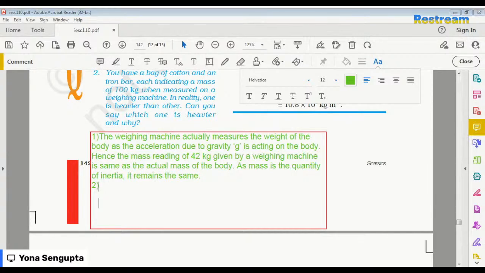In this question, the heaviness of the bag can be given by density, which is density equals mass by volume. The mass of both the cotton bag and the iron bag is the same, but the volume of the cotton bag is more than the iron bag. Hence the density is inversely proportional to the volume, and the bag of iron will be heavier.